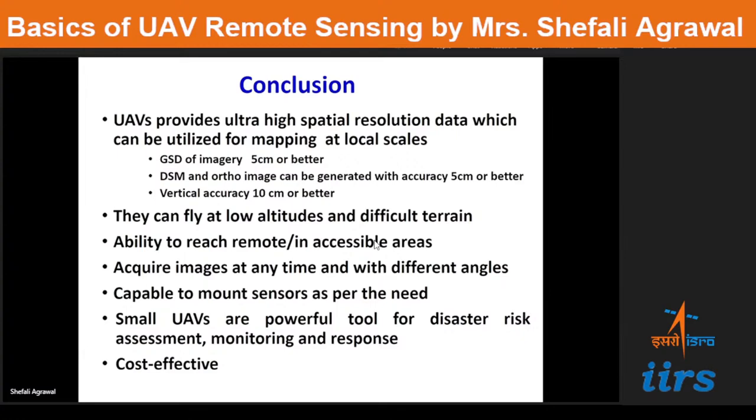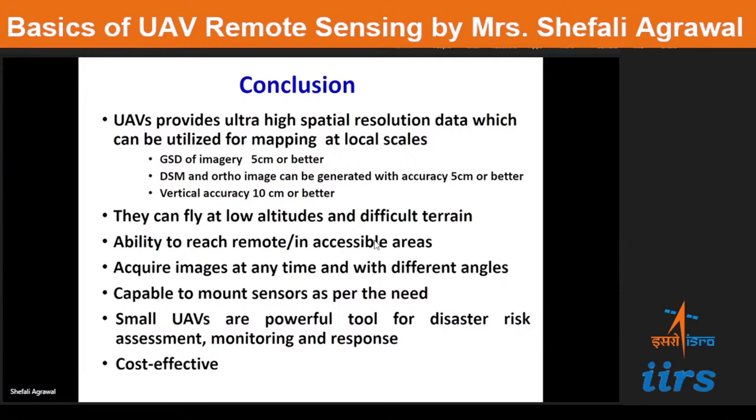And even to fly, they have made three categories of zonation: the green zone, red zone, and yellow zone. The green zones are generally agricultural areas, a few areas earmarked by the DGCA, where there are no habitations. In those areas, just by intimating the local authorities, you can fly, but you still need to inform them before you fly.